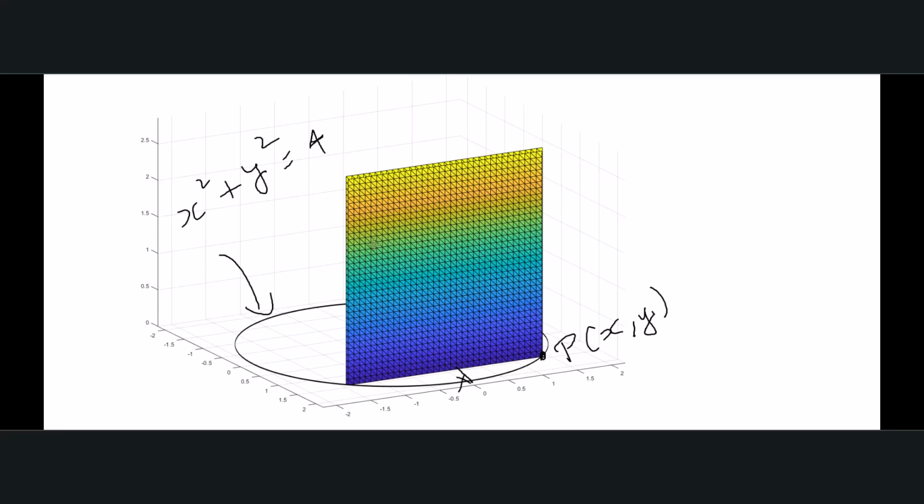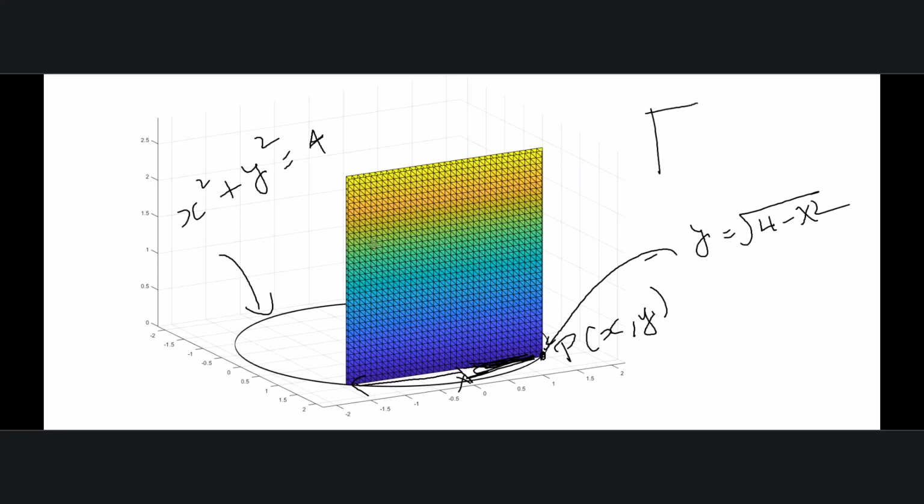If we look at the y coordinate, which will be this length, that will be how much? y equals square root of 4 minus x squared. Likewise, here we will have y equals negative square root of 4 minus x squared.